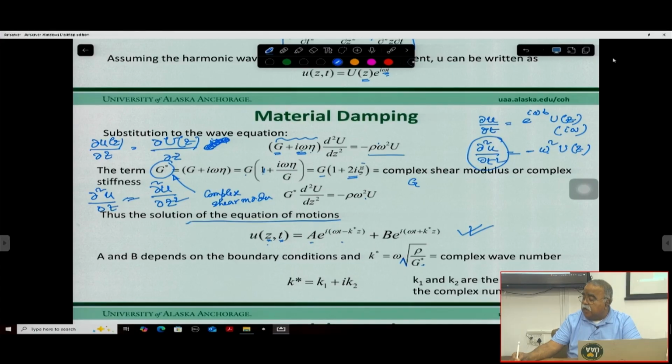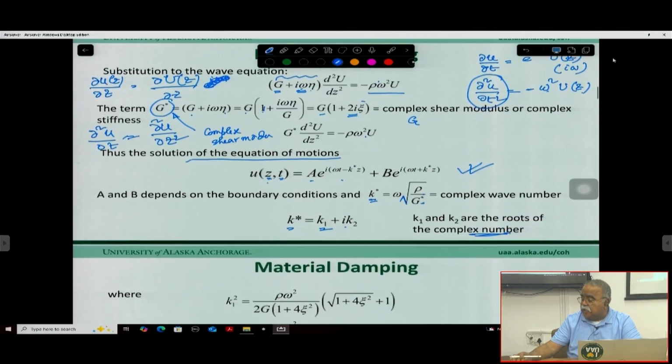And because G star also has G into iωη, you can put that in so that we can also express k star equals k1 plus ik2, and k1 and k2 are the roots of the two complex numbers, right? So that we can calculate it, and we can express these equations like this.